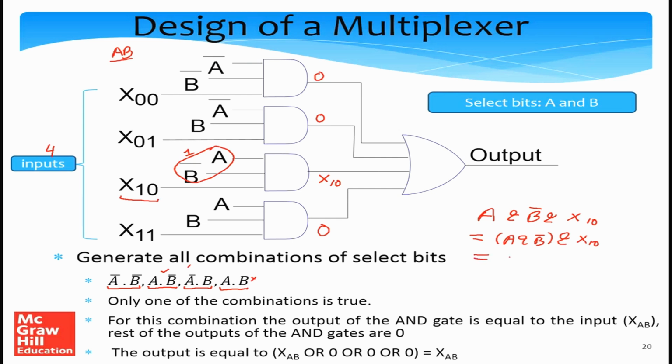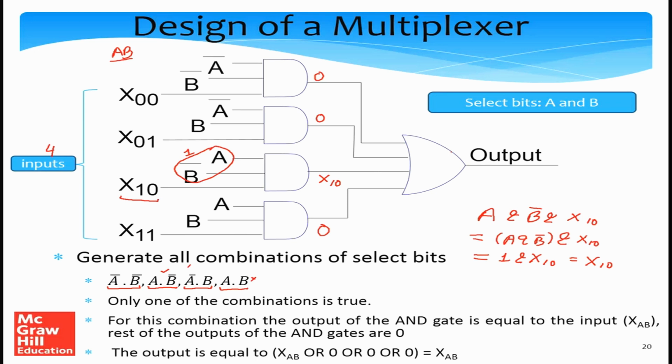Since A and B bar in this case is 1, it's 1 and x10, which is equal to x10. So the output here will get reflected on the basis of the input.